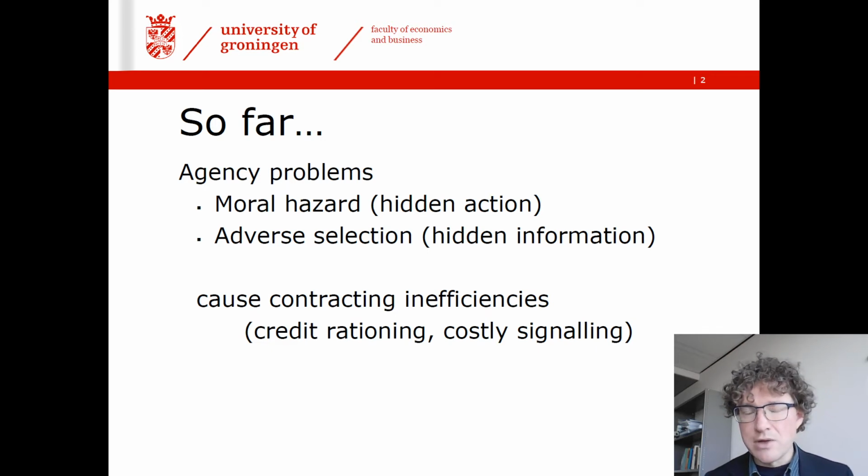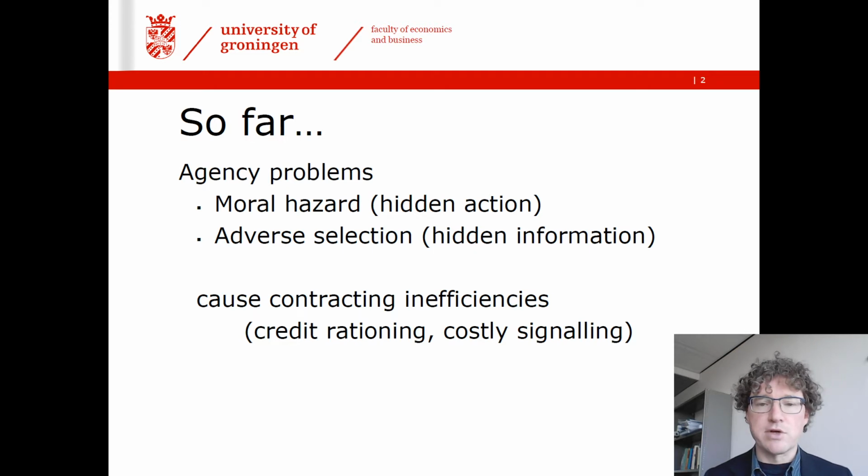Well, in particular, we saw that some projects might not be financed even though they are positive NPV, which was called credit rationing. And last week we also saw that sometimes the agents might engage in signaling behavior that is rational from their point of view, but which reduces the total welfare or the efficiency of these projects.